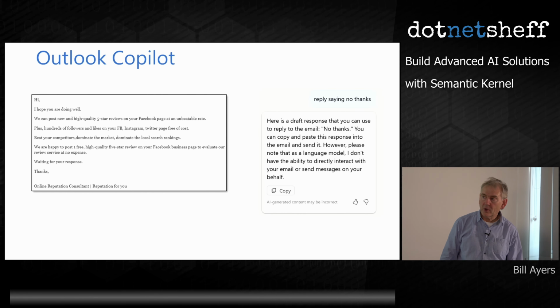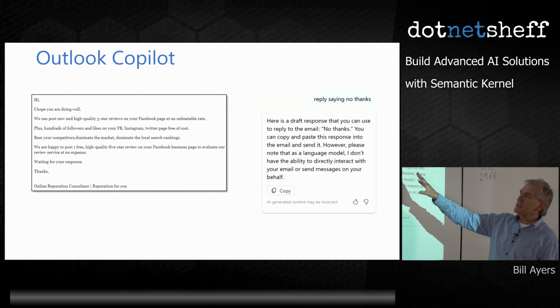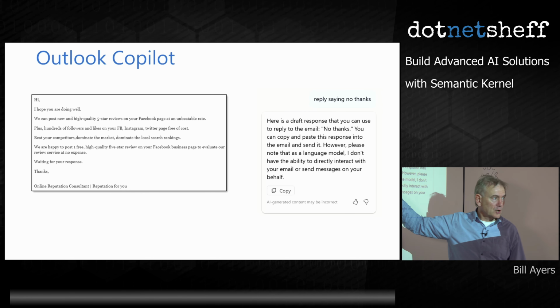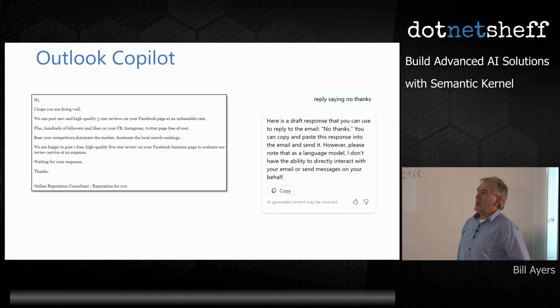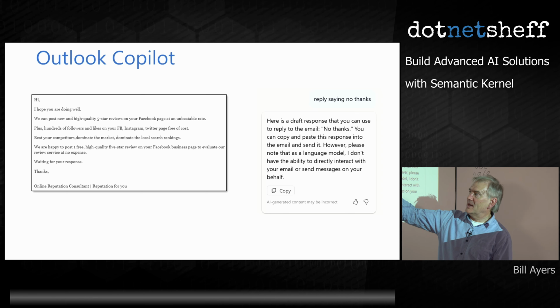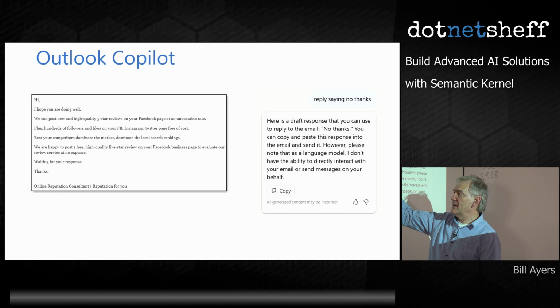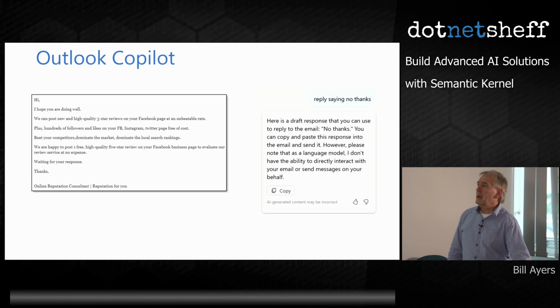So that's GPT-4o. On the other hand, I was a little bit disappointed with Outlook Copilot, which is one of Microsoft's Copilot products. Fairly typical use case: "I hope you're doing well. I can get you 5-star reviews on Facebook, blah, blah, blah." I get about 10 of these a day.